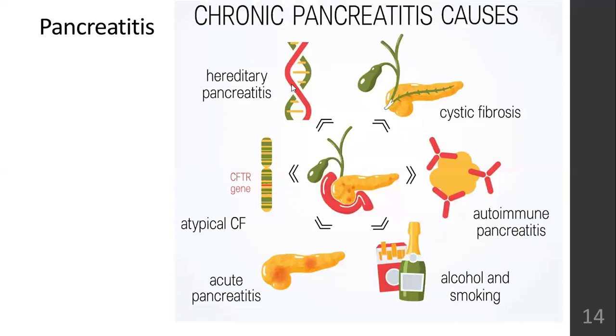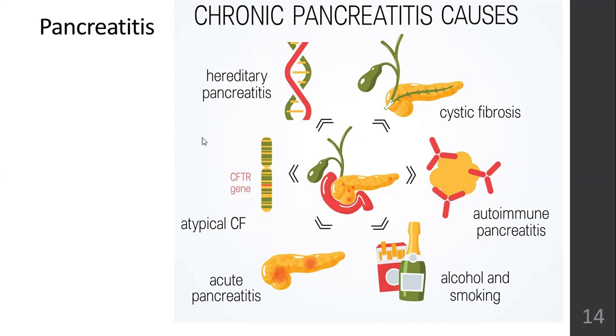Chronic pancreatitis occurs when acute pancreatitis is not treated, you overlook the symptoms, or you get diagnosed pretty late, and it has turned into chronic pancreatitis. Causes are: it is hereditary in your family; you suffer from cystic fibrosis, which is a lung disorder as well and is genetic.